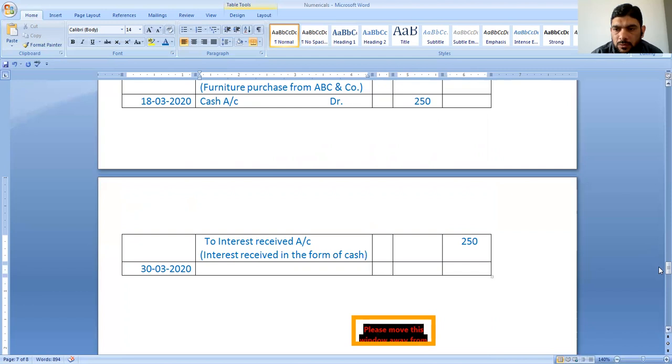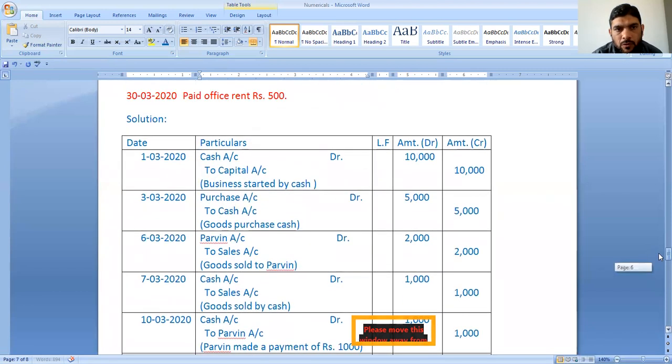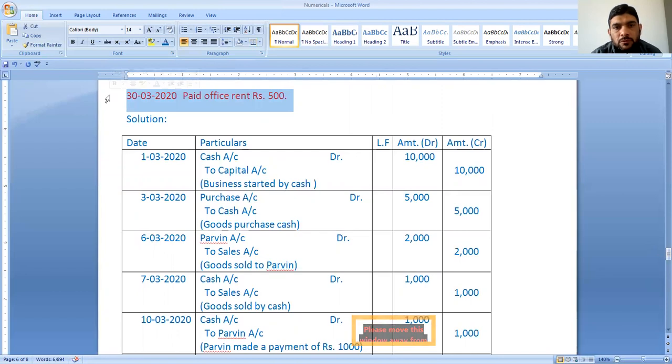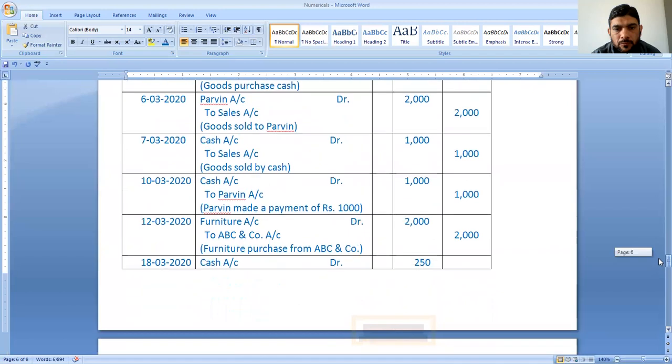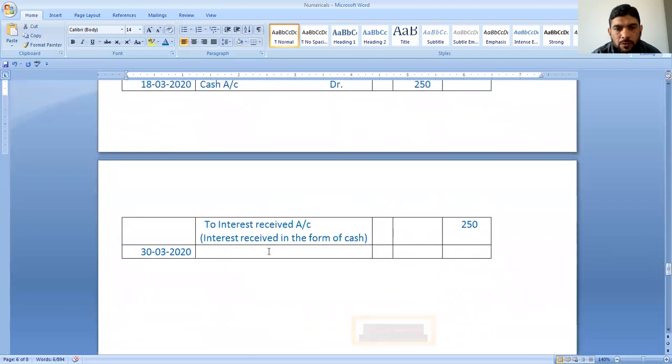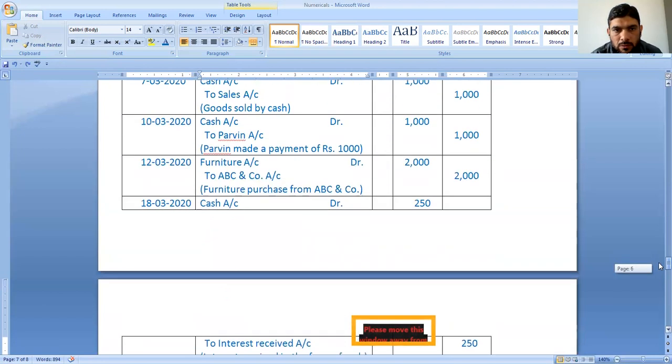The last one is paid office rent, for rupees 500. Office rent has been paid, that means cash has been disbursed for the office rent.